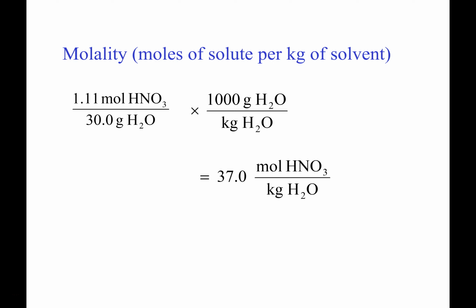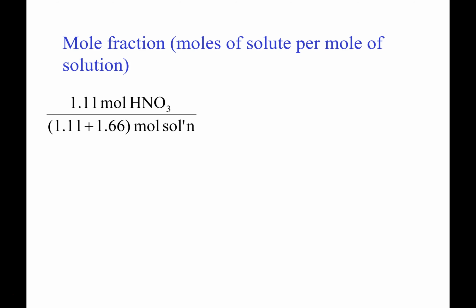And then the last but not least, mole fraction. We can do that. So mole fraction, it'd be the moles of component, which is HNO3, divided by the total moles. So 1.11 moles of HNO3 divided by the quantity 1.11 plus 1.66 moles in your solution.